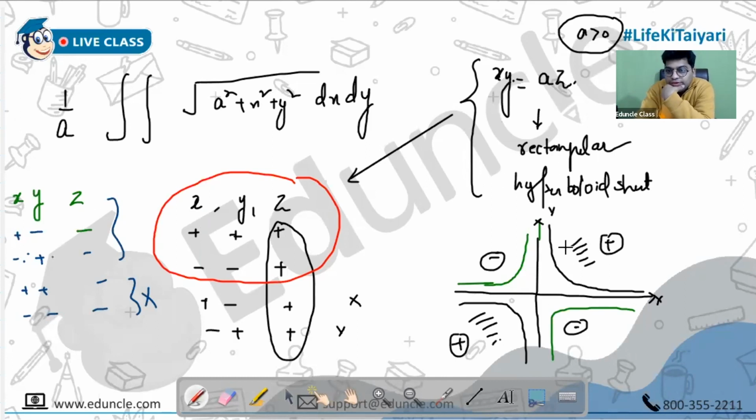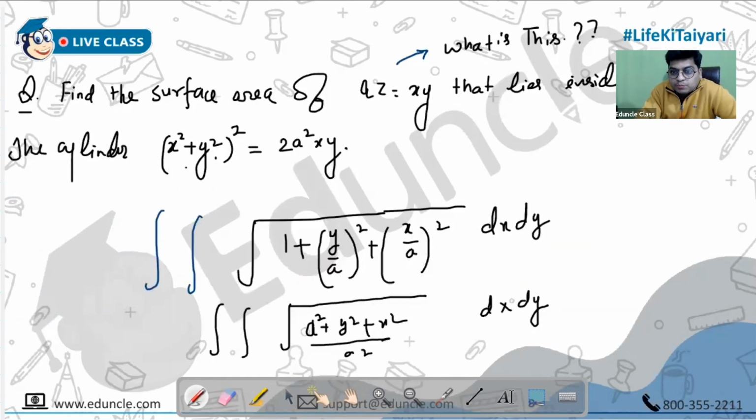We have to find the surface area of this, but the condition is that this is the region which you have to take. What is this region when you convert into polar coordinates? Because we don't know about the region. How does this region look?